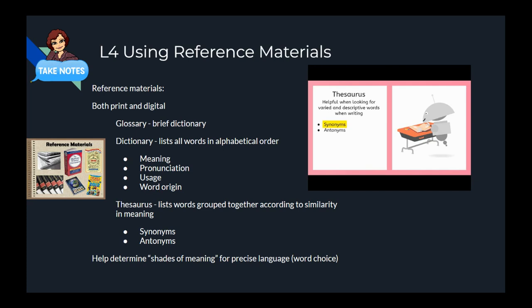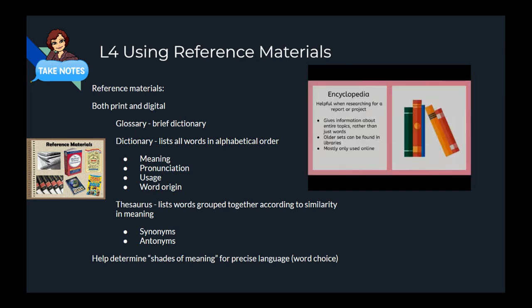Remember, synonyms are words that have the same or similar meaning, and antonyms are words that have the opposite meaning. Be sure to check out our lessons on synonyms and antonyms if you haven't already. Using a thesaurus can be very beneficial when writing stories or papers because they can help you to increase the variety of words used in your writing.